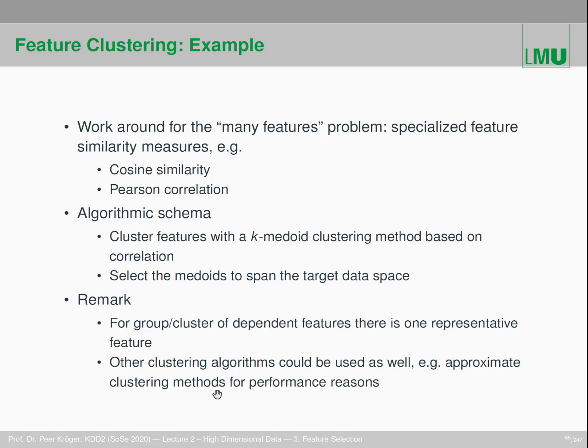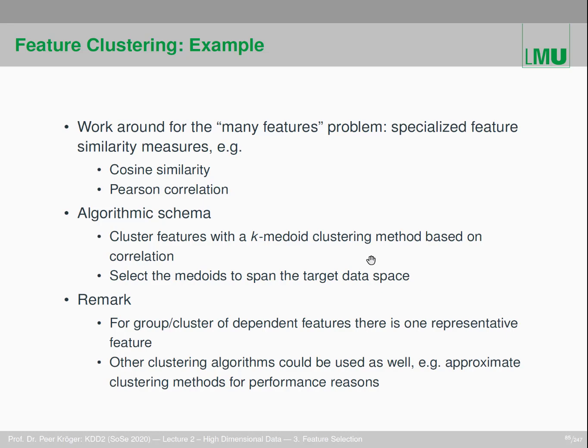And other clustering algorithms, of course, could be used. For example, approximate clustering methods for performance reasons and stuff like that. But typically you want something which has an easy to use cluster model like the Medoid or the mean. Density based clustering could be employed, of course, but how do you compress the cluster?